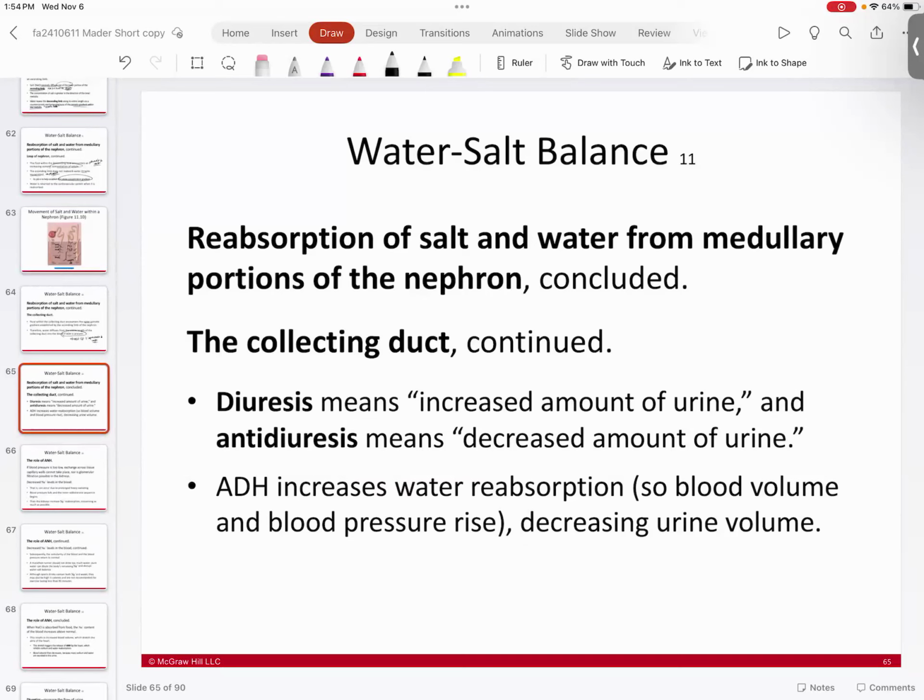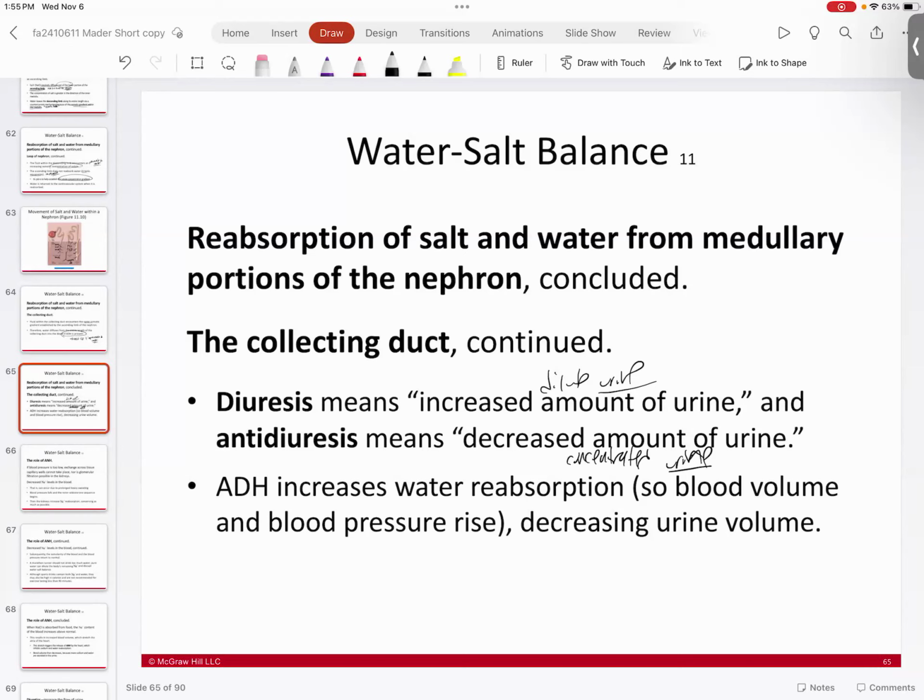So diuresis is a situation where you have an increased amount of urine, essentially a dilute urine. And antidiuresis is when you have a decreased amount of urine, so you have a concentrated urine. For instance, if you take a diuretic, what that's doing is creating more water loss in your urine, and that's reducing blood volume, which reduces blood pressure.